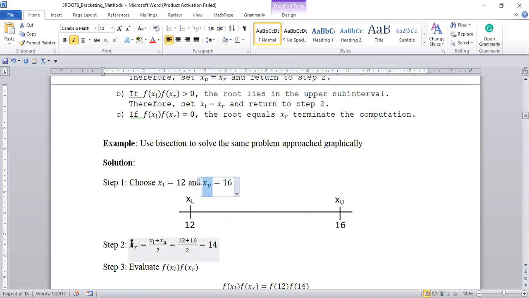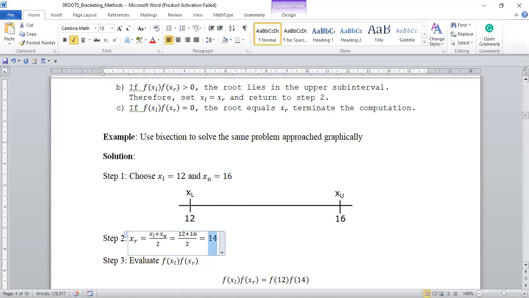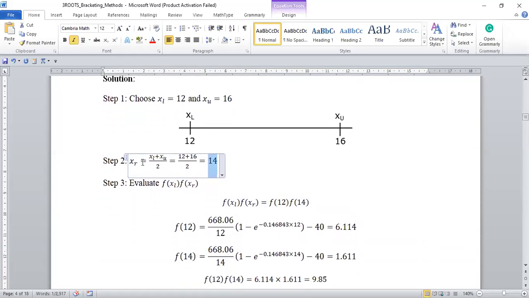Step two is we are going to calculate the root as the midpoint. This expression simply says that the root is the midpoint between these 2 points, and we got 14. Then we got xr as 14, which is our estimated root.